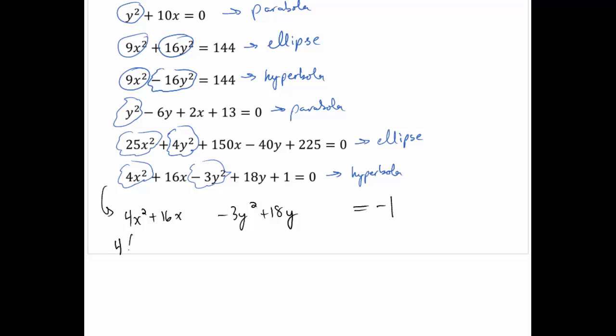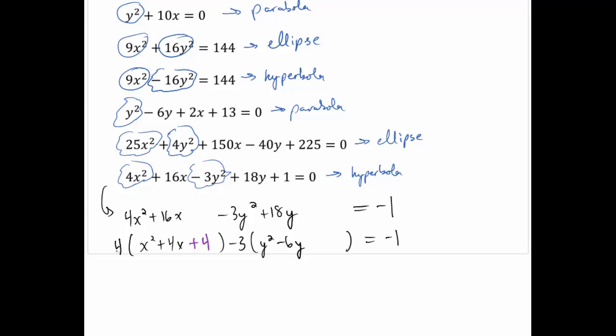I do some factoring here. I'm going to write the x's as 4 times (x squared plus 4x), and I'll leave some space there. And then I'll have minus 3 times (y squared minus 6y), and I'll leave some space there. This is still equal to negative 1. Now, completing the square on the insides. For x squared plus 4x, I would have to add 4 to complete the square.